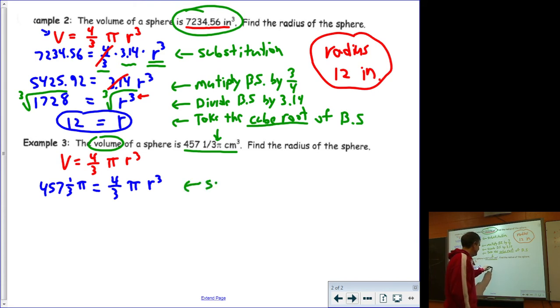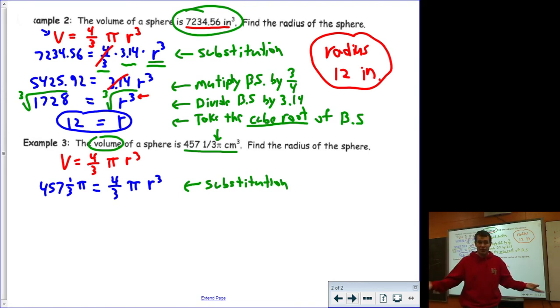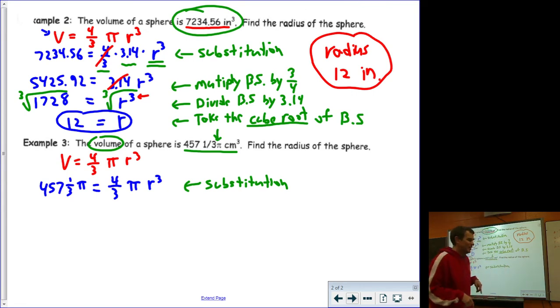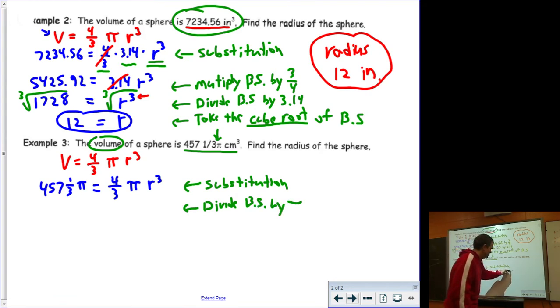So all I did here was I went ahead and did my substitution. Now the reason I did not substitute 3.14 in for pi is because the left side of the problem had pi in it. So I just left the pi's on both sides because the first thing I'm going to do is I'm going to divide both sides by pi to cancel it out.